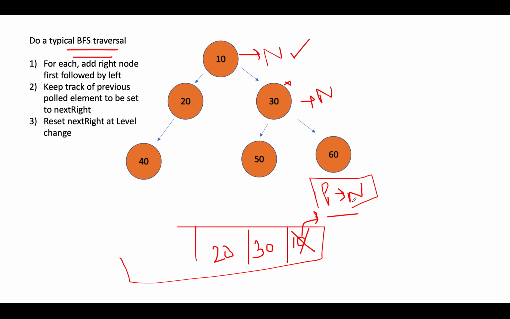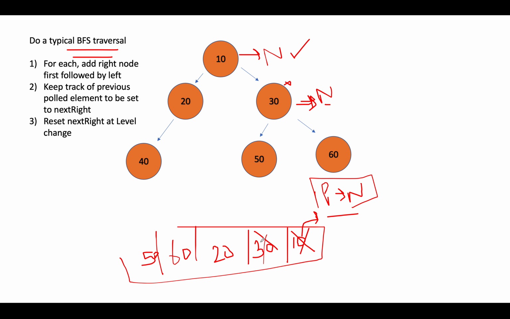So previous right element gets reset to null again, although we get 30, and 30 will then point to the previous right element. So now 30's right points to the null element. We pulled out 30, and we'll add 60 first, then 50 to the queue.